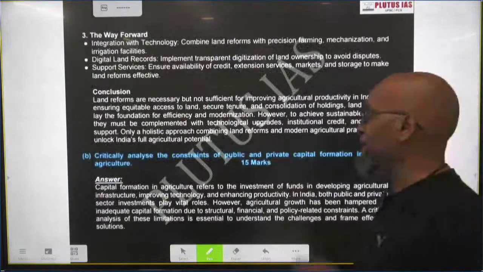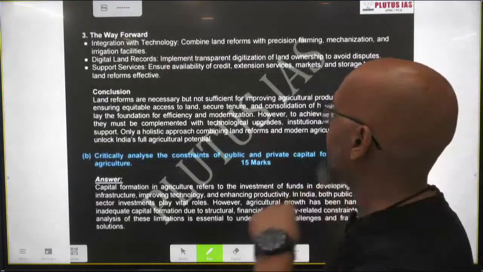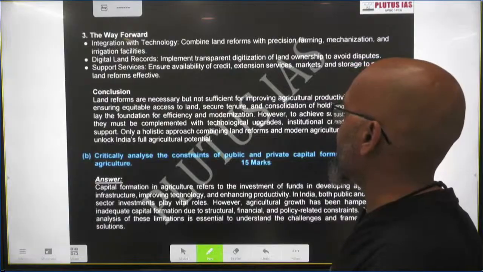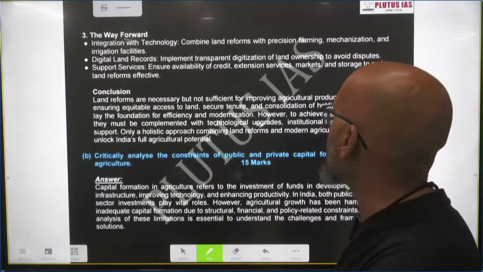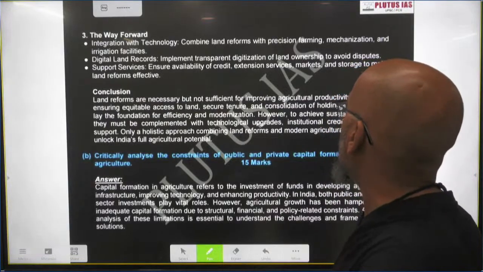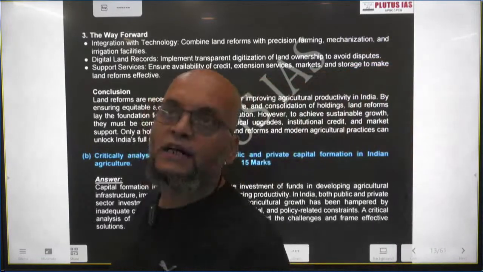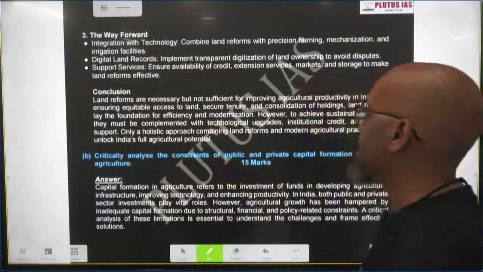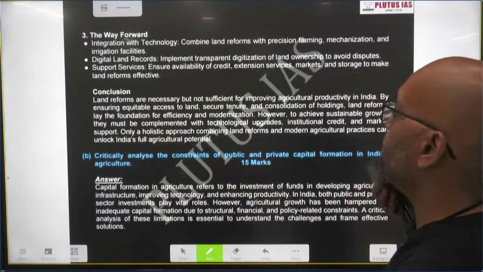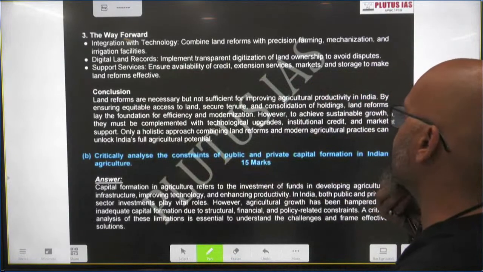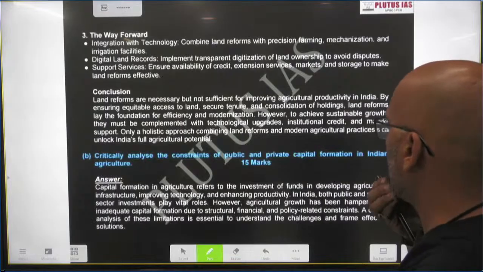The way forward. Integration with technology: combine land reforms with precision farming, mechanization, and irrigation facilities if you want to advance. Then digital land records: implement transparent digitalization of land ownership to avoid disputes.